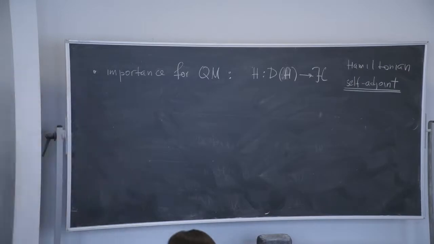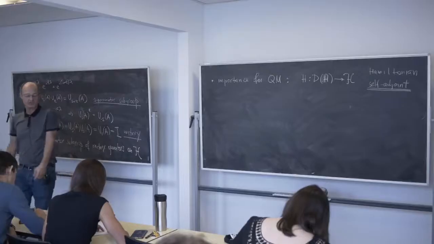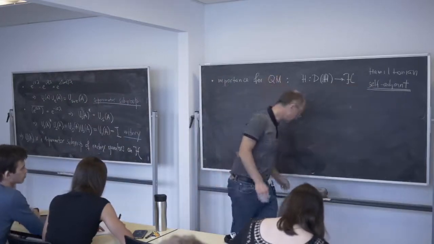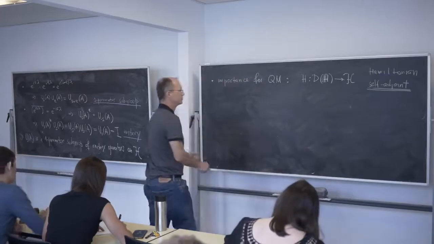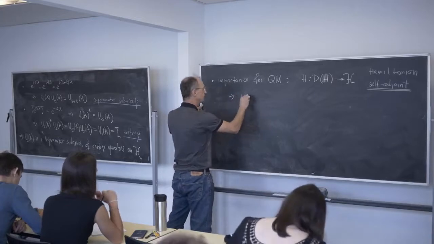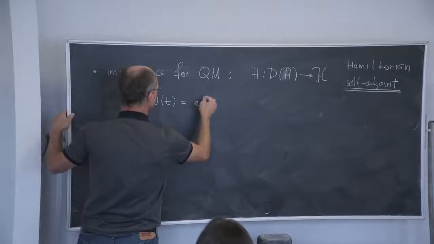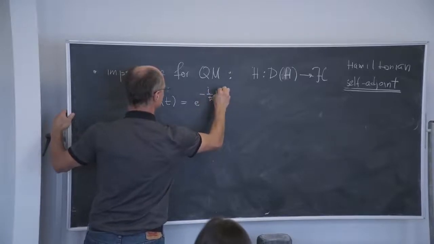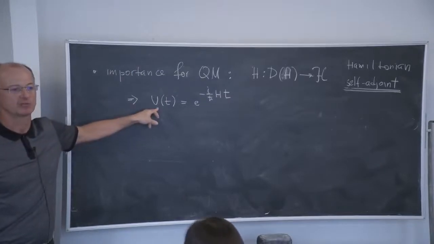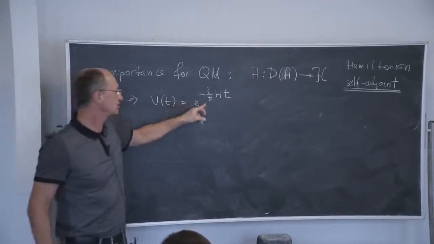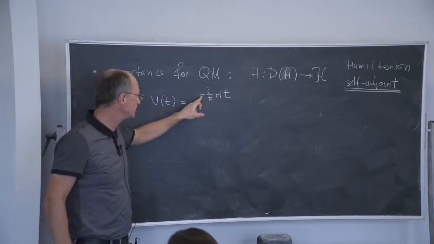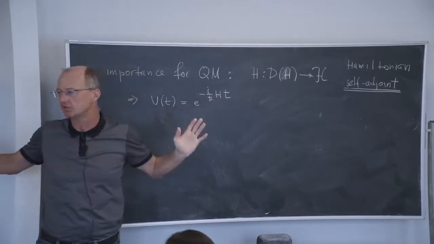We always assume that the Hamiltonian is self-adjoint. So there is always a lot of physics and mathematics discussion on the self-adjointness of the Hamiltonian. And one of the main reasons for that is that if H is self-adjoint, then we can define the unitary evolution apparatus. Here, of course, we have this funny notation for the s parameter: s is minus t over h bar, but it doesn't matter, right?